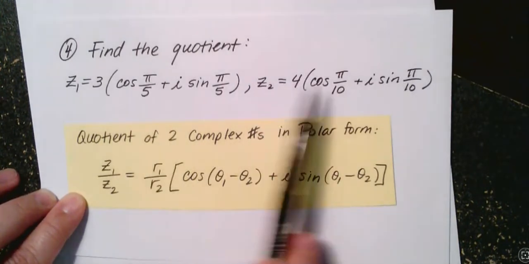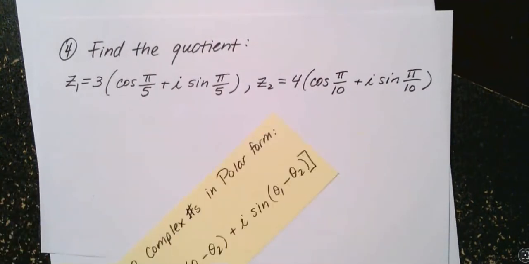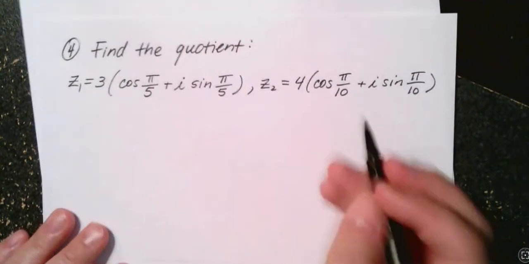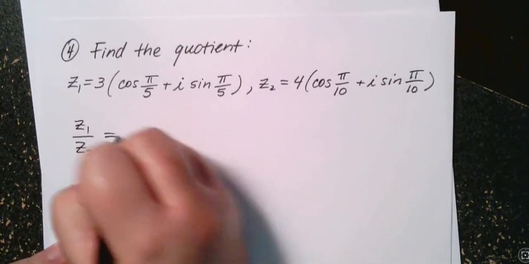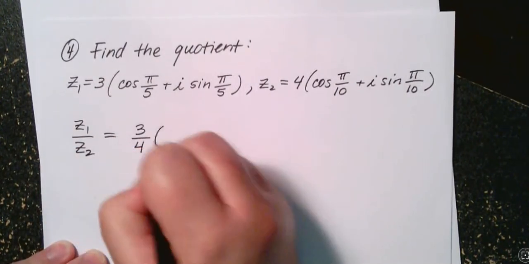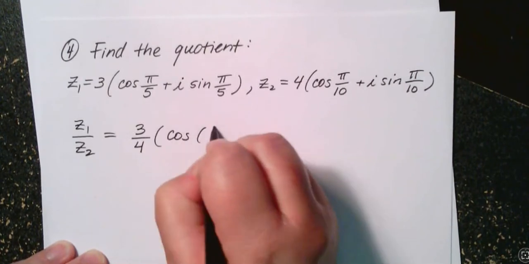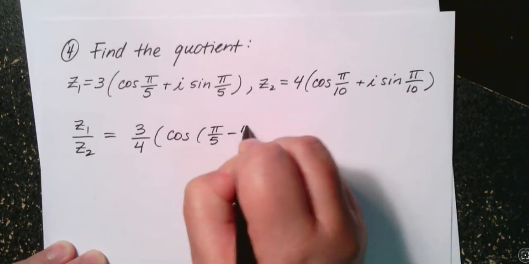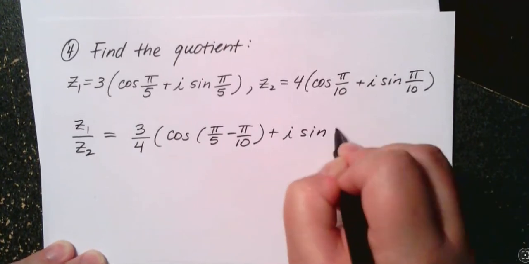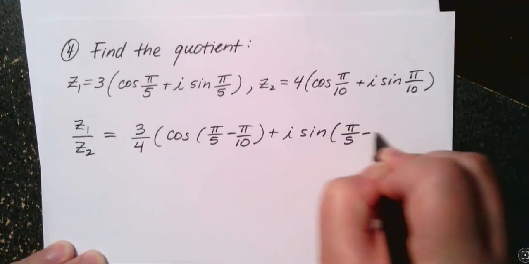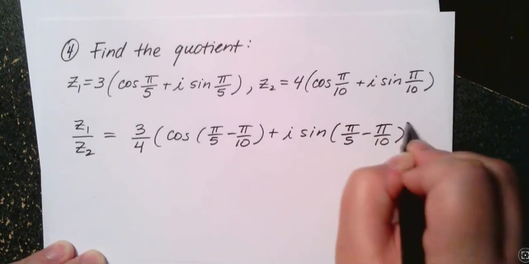So pi over 5 minus pi over 10. So it's going to be z sub 1 over z sub 2 equals 3 over 4 times the cosine of pi over 5 minus pi over 10 plus i times the sine of pi over 5 minus pi over 10.